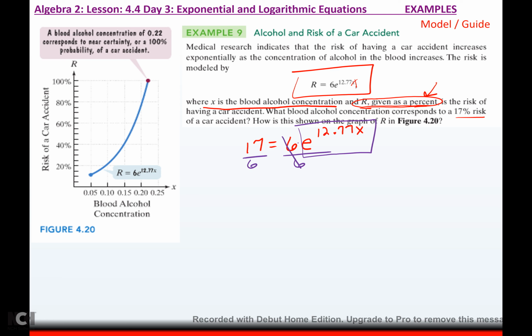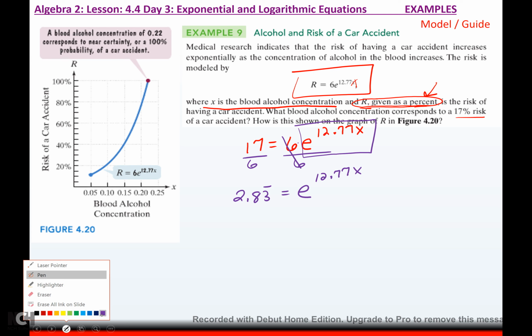And I get 17 divided by 6 is 2.83 repeating equals e to the 12.77x. Now, the trick is, when you have base e, like we have right now, to get x out of the air, you take the natural log.